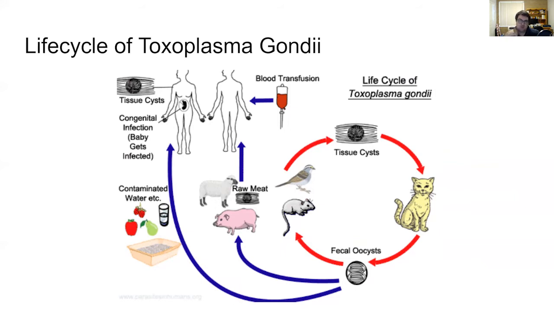Because rats and mice have a behavioral adaptation where if they smell cat pee or cat urine, they go away from it. What Toxo does is it actually messes with the reward pathway of the mice and causes them to run toward the cats. Cats love it, obviously, because they get a free meal.